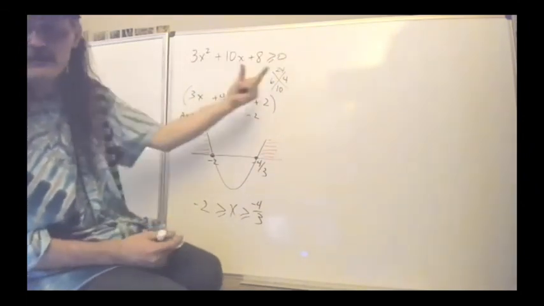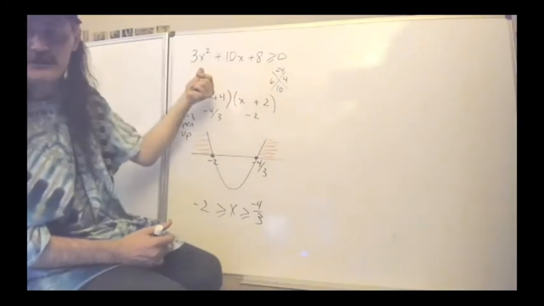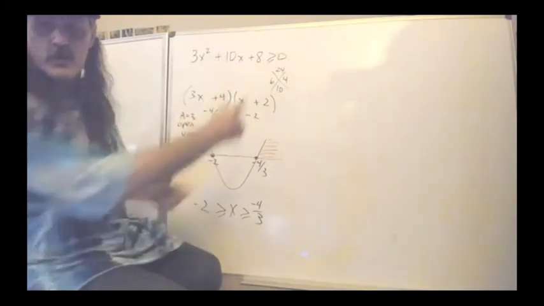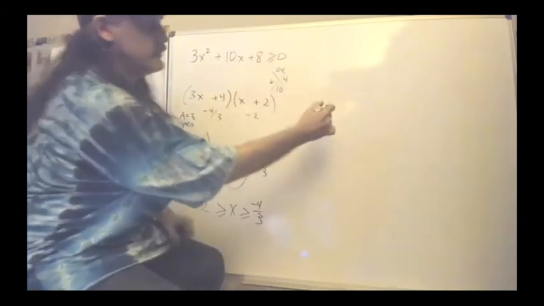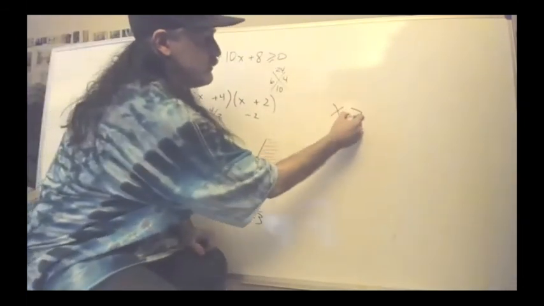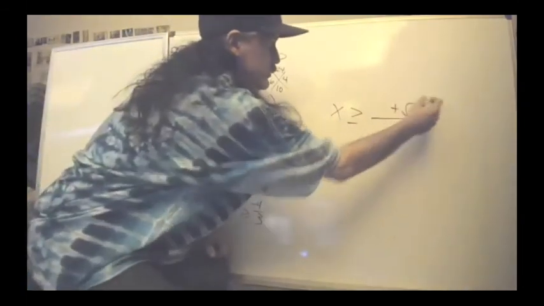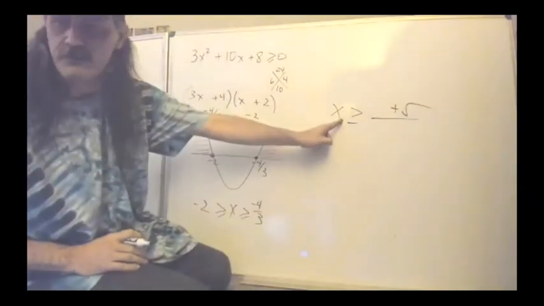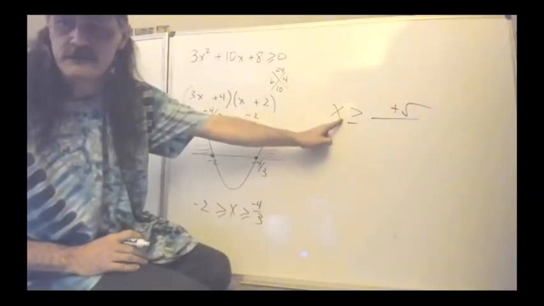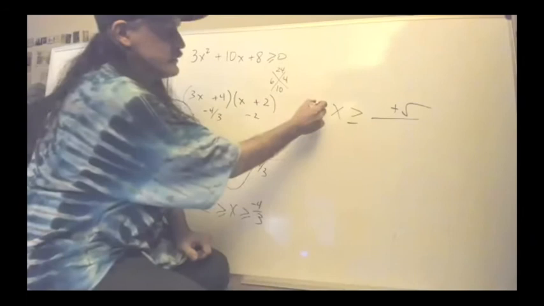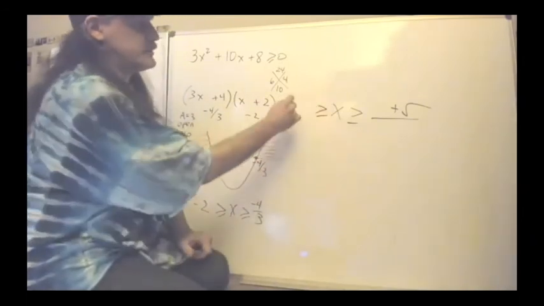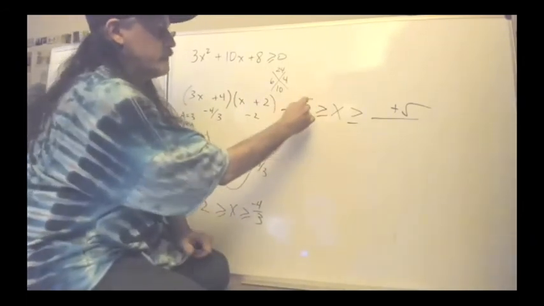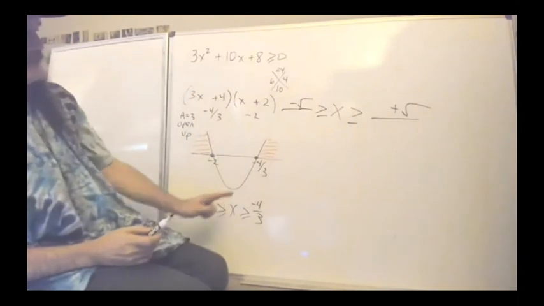So notice what the side of the x is. The positive x squared side, we're open on. So in the quadratic formula, for the positive square root, we're going to have open on the x. And that means on the other side, since we changed the sign, we're going to have the minus square root. And notice that's true.